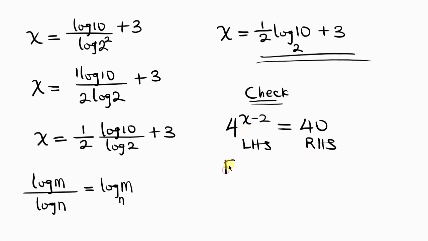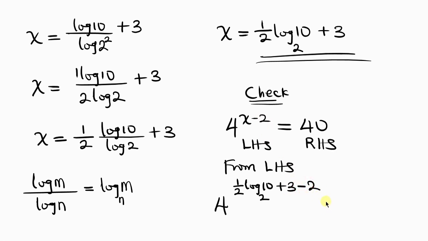From the left hand side, we have 4 to the x. And what is our x? Our x is 1 over 2 log 10 base 2 and then plus 3. And then minus 2. So this is minus 2.